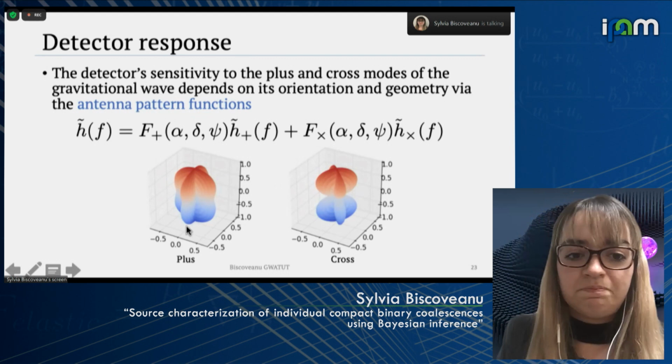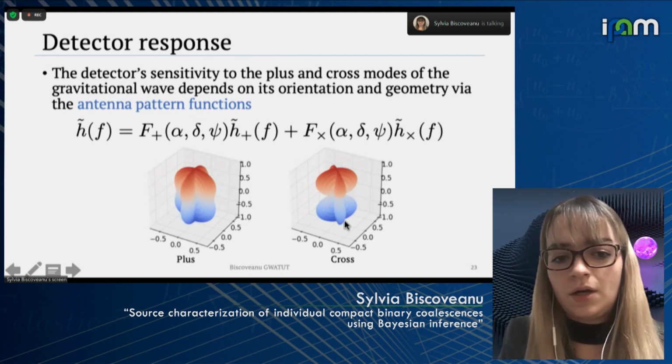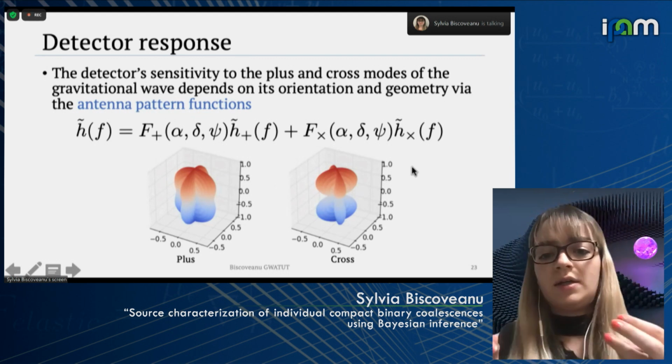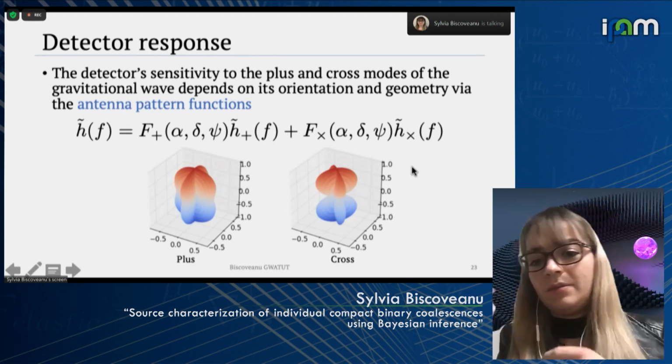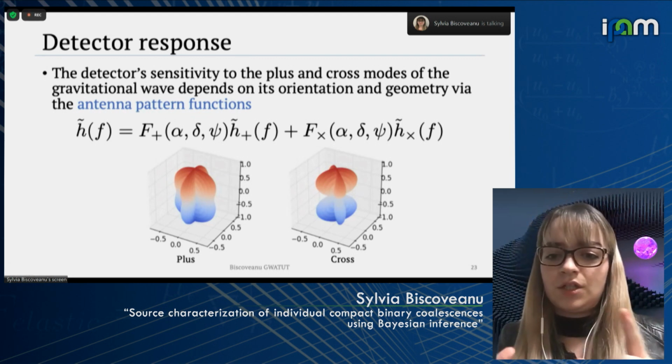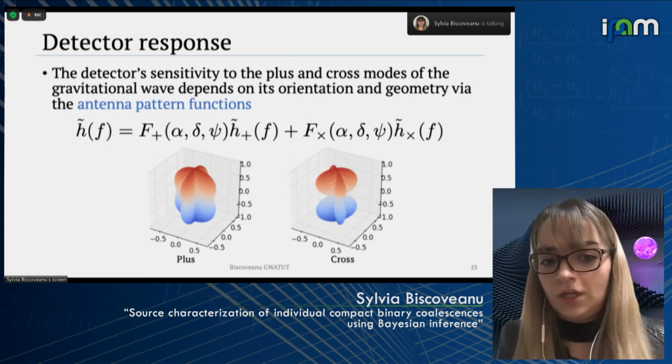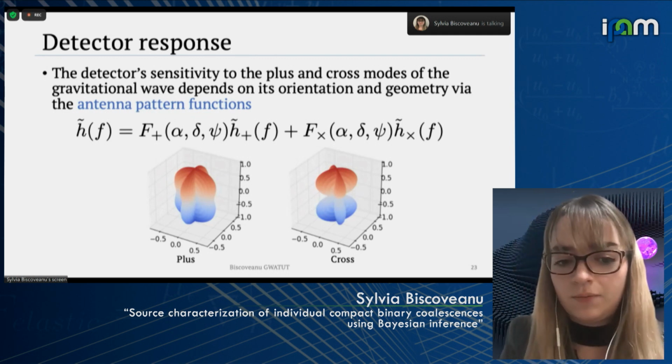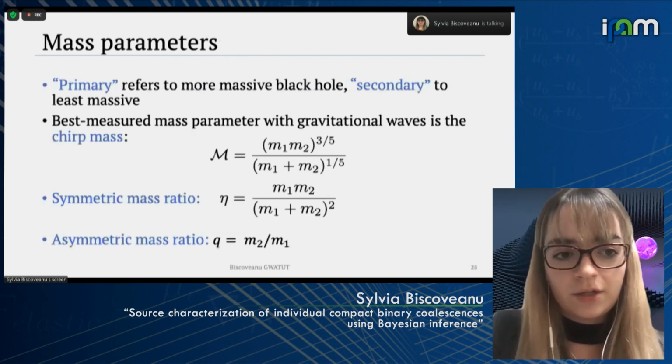And these antenna patterns are calculated by contracting the polarization tensor with the detector tensor, and that's basically just constructed from the relative orientation of the arms. So again, it's basically just a purely geometric factor.